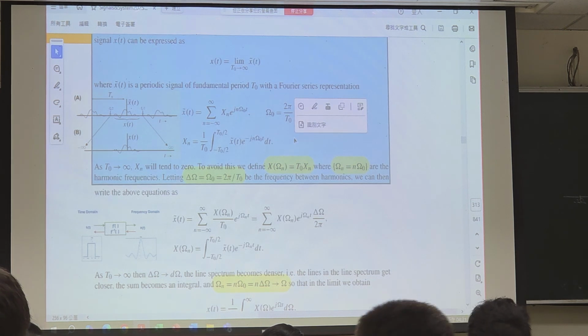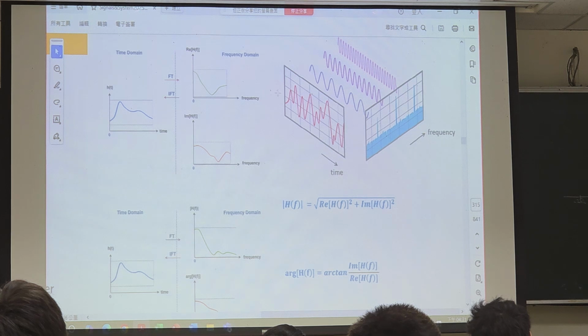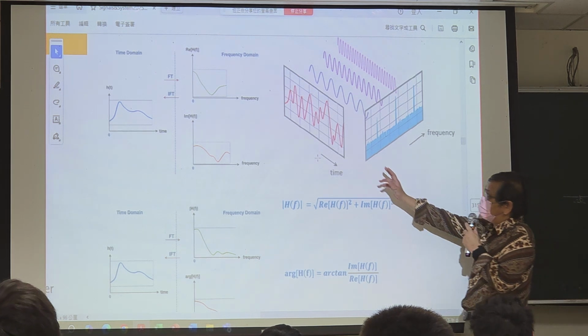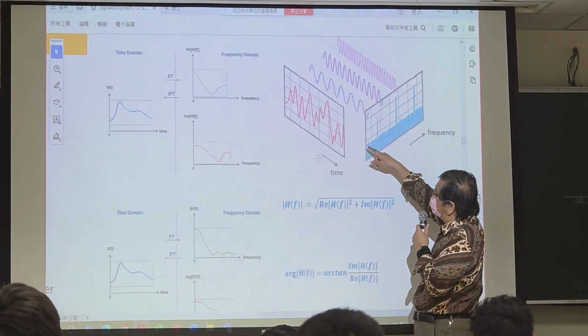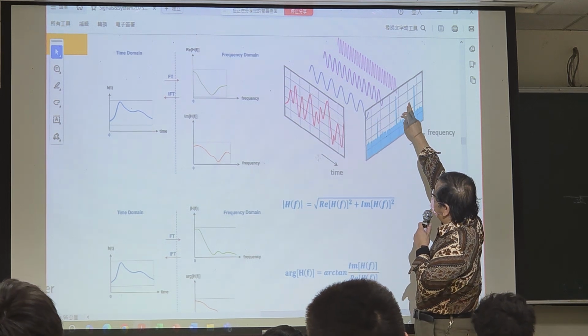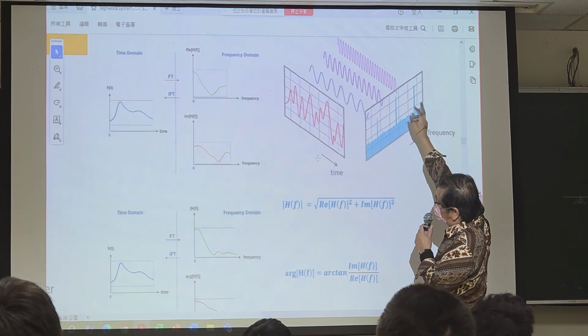What's the meaning of this? Linear distribution. If you have a function, and this function is periodic, then the Fourier series expansion tells us this function can be decomposed as a combination of many sinusoidal waves.